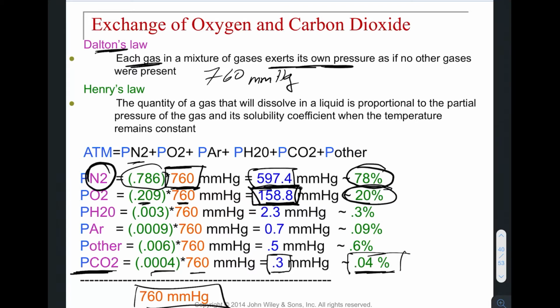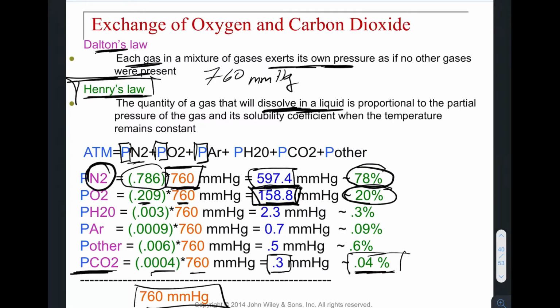The second law on this slide that's important is Henry's law. Henry's law states that the partial pressure, so the P in front of all these gases stands for partial pressure, will influence how that gas dissolves in a liquid.